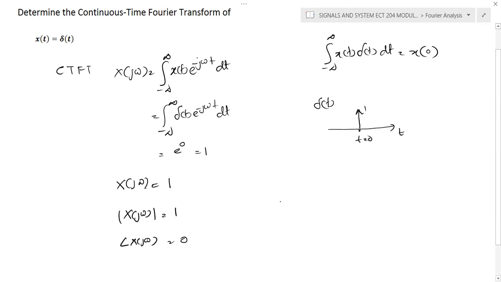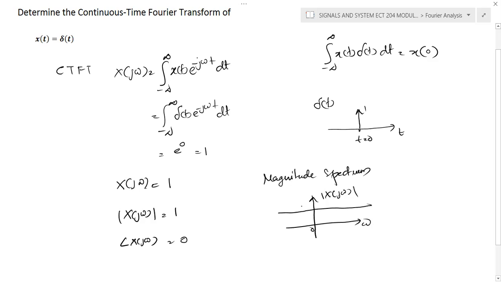Okay. So if you plot the magnitude spectrum with respect to omega, modulus of x of j omega, you can see that it's 1. So there is no omega term. So you can say that it's a constant waveform like this.